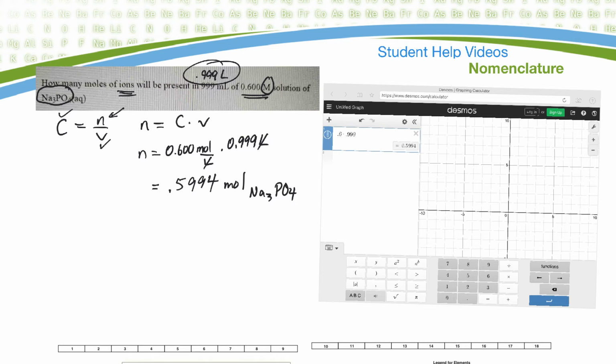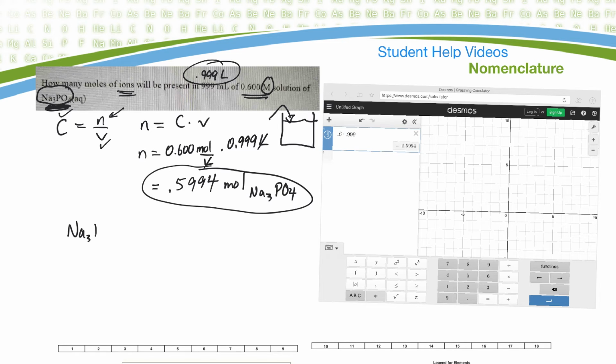So if I take that stuff, let me draw a picture. Here's my beaker. If I take this many moles and I dump it in solution, what happens is some ionic substances will dissociate, and sodium phosphate is one of those.